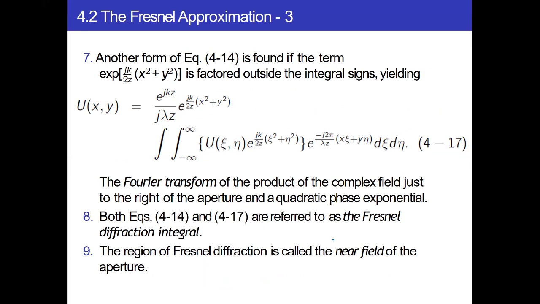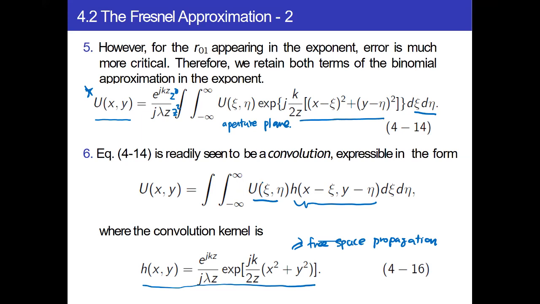And then another thing we would like to find out is there are two interpretations. One is the convolution. And another thing is that we just take out this x squared and y squared term once again because it is independent of xi and eta.